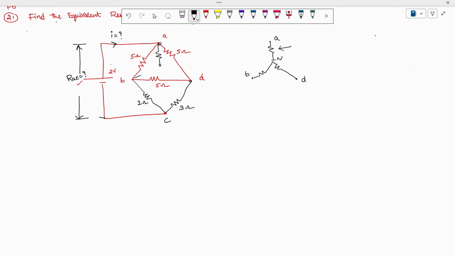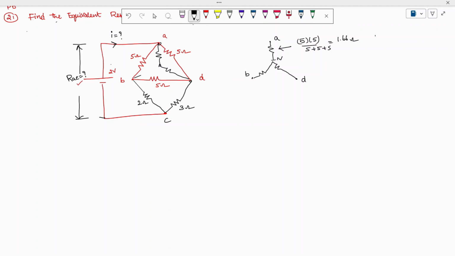So therefore the formula is 5 into 5 divided by 5 plus 5 plus 5. Whenever you solve it, you are going to get 1.66 ohms. The same formula we are employing.